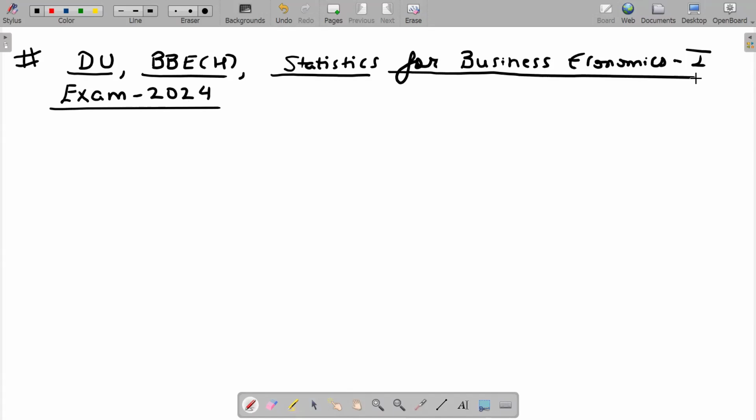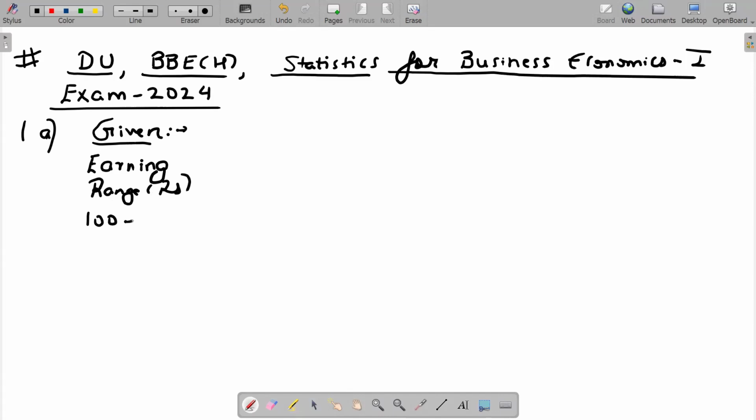Okay, so question 1 part A, I am first of all drawing the frequency distribution given to us. We are given the earning range in rupees, which is 100 to 200, 200 to 250, 250 to 300.